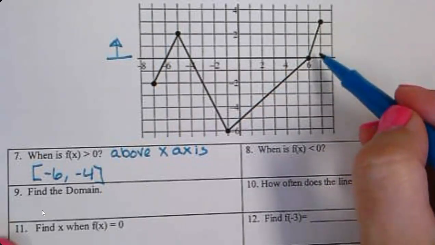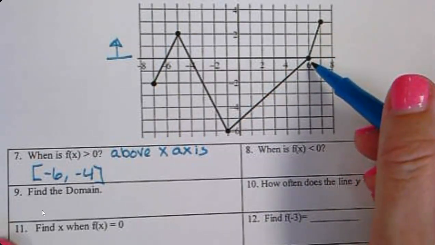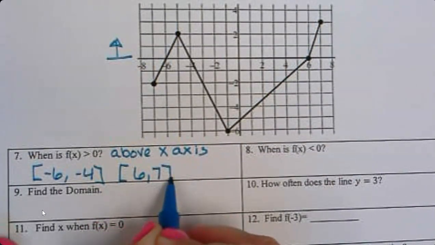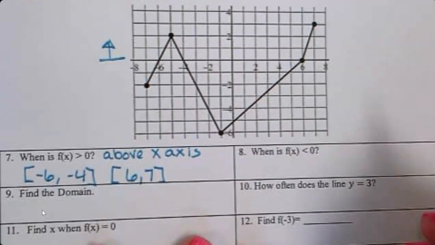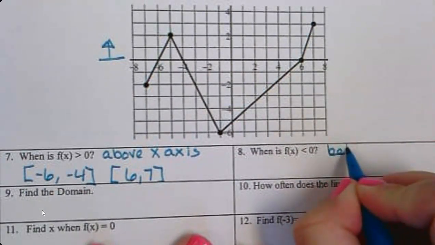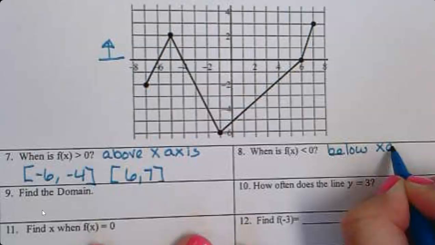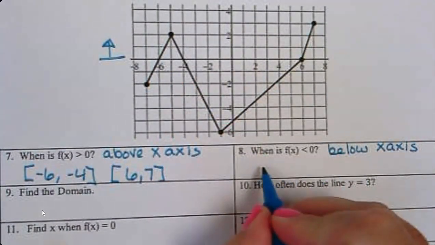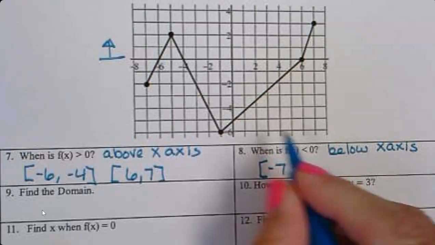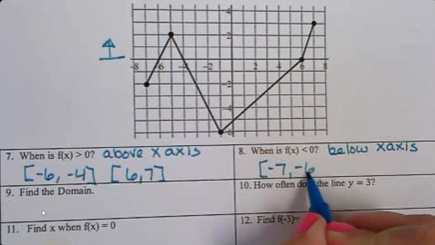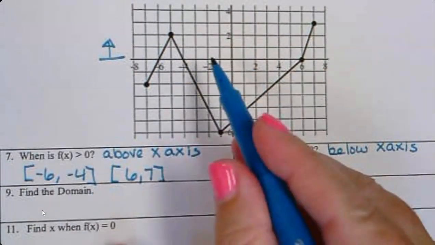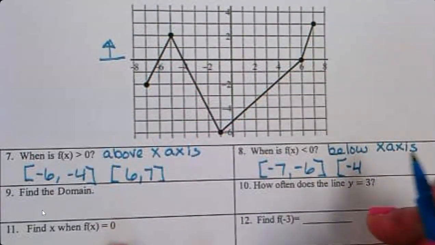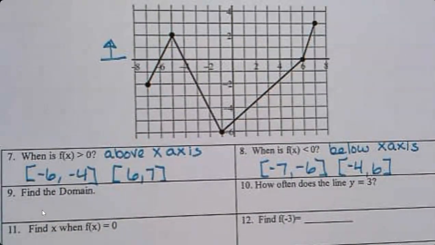And notice we have this little piece over here, which is 6 to 7. This question here is below the x-axis. So we have this little piece right here. That's from -7 to -6. And then here from -4, we start going down all of this to 6.